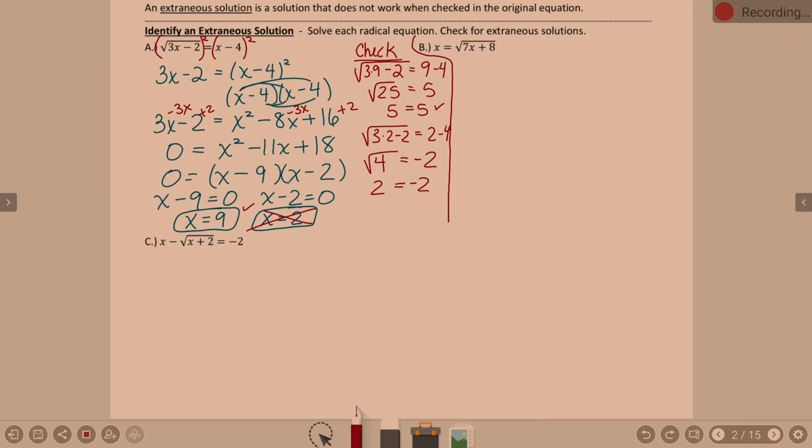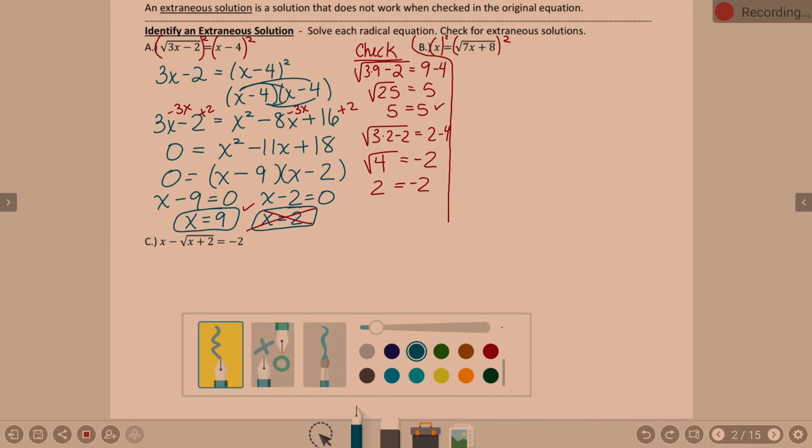x equals the square root of 7x plus 8. First step is what? Square. My square root's already by itself, right? So we're ready to square both sides. When I square the x, I'm going to have x squared.